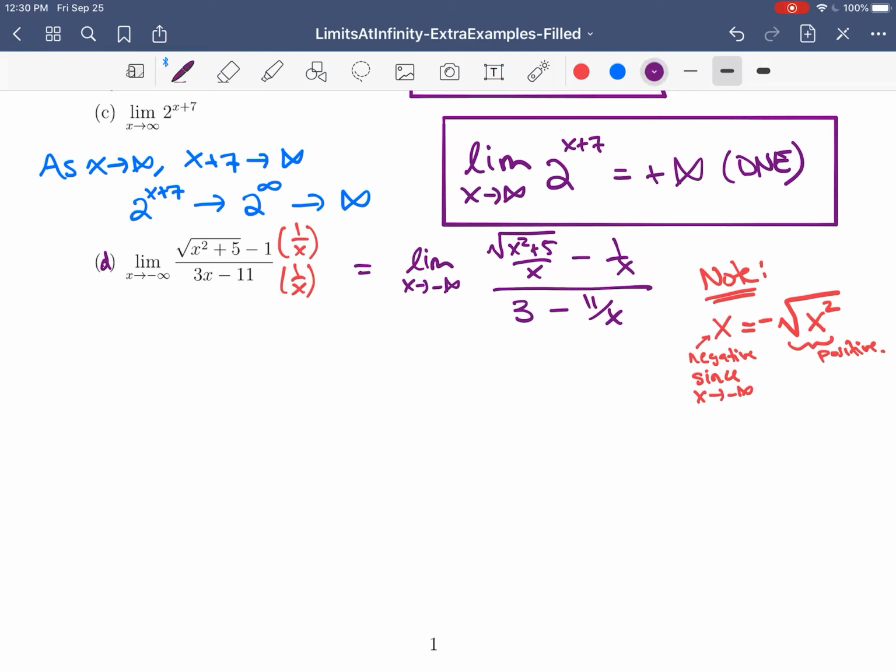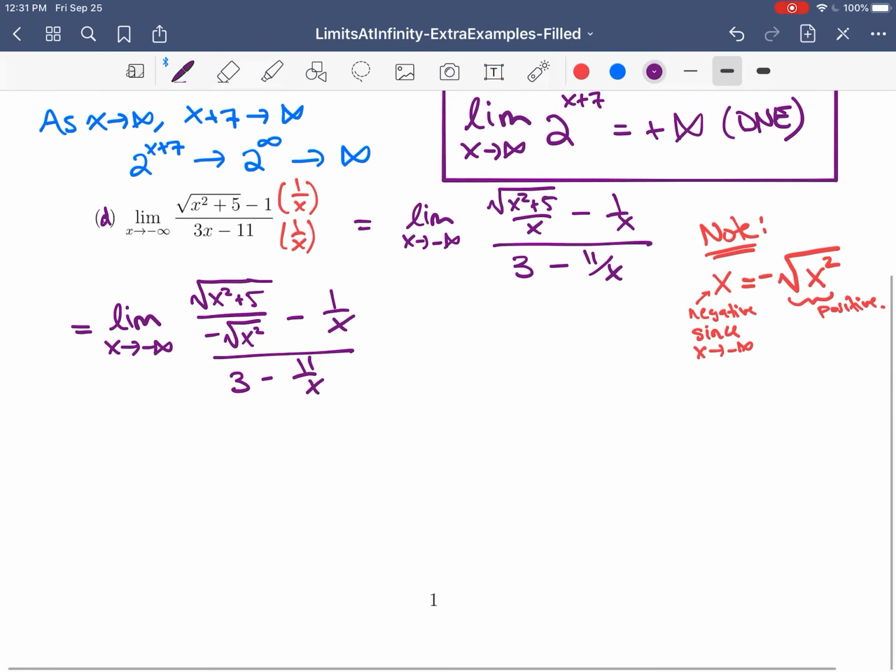Okay, so now we can replace the x there. So this is the limit as x goes to negative infinity of the square root of x squared plus 5 over negative the square root of x squared. Okay, so then we can put it in the same square root.